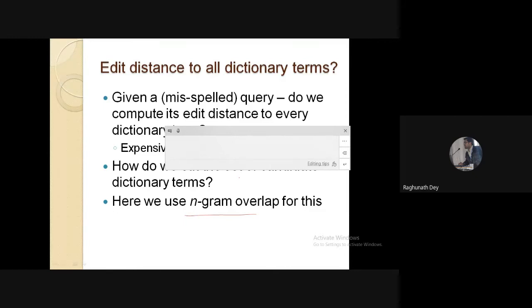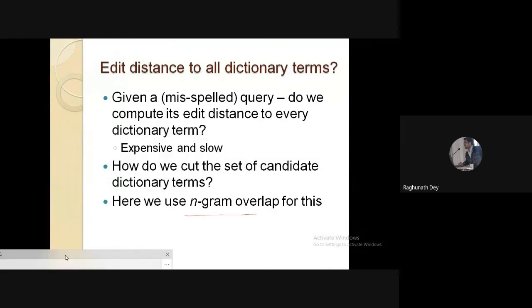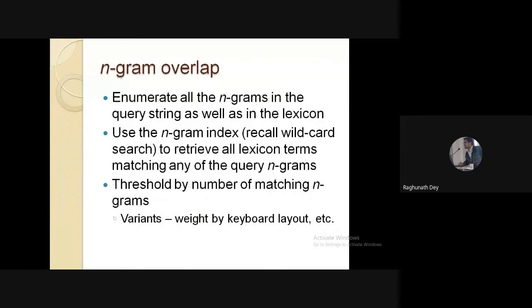So another approach is the n-gram overlap concept. It may help you with the same thing, whether the query given by the user is misspelled or wrongly written, and you are going to predict the correct word or term depending upon the words or terms you have in your database or corpus.